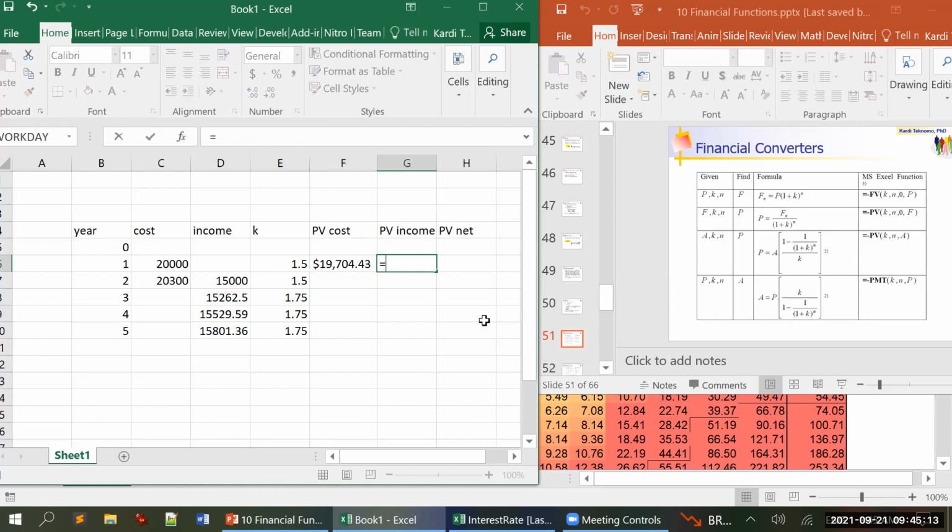How about this one? This one is the same thing. So minus PV of the K divided by 100, comma the N, comma 0, comma the income. Income is here. So the one that I don't need to change, to copy down.